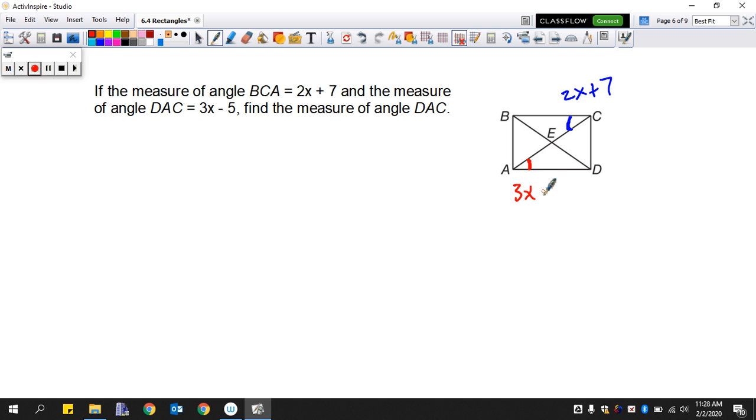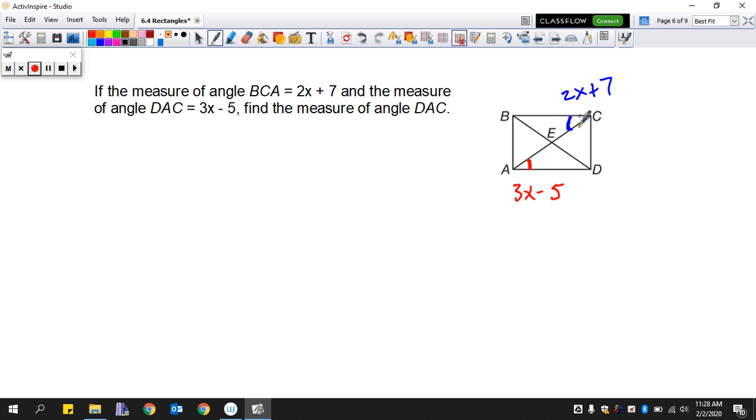All right, so what we notice here is that they're on the same diagonal, but they're not talking about the same vertex. So one of the things that we can remember that'll help us solve this is that this is a parallelogram. A parallelogram says that opposite sides are parallel to each other.